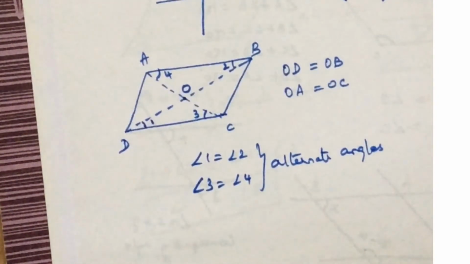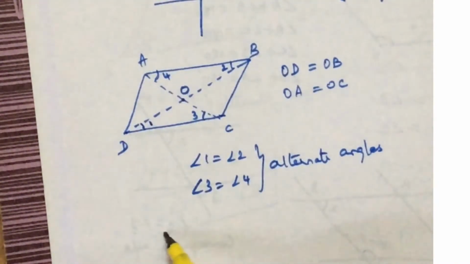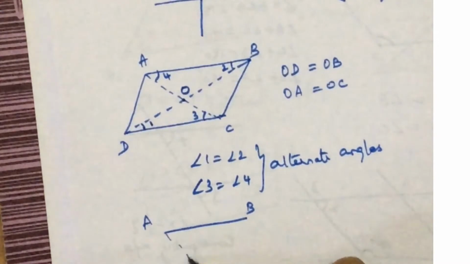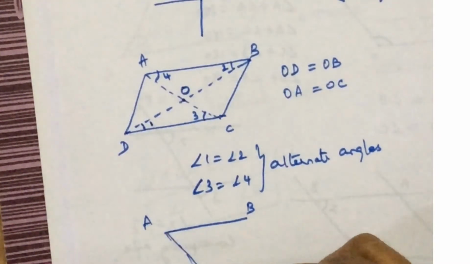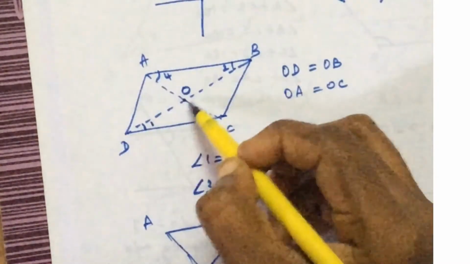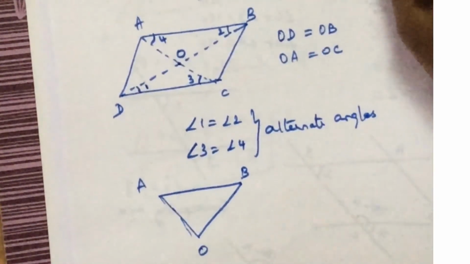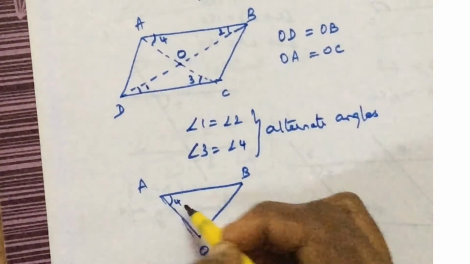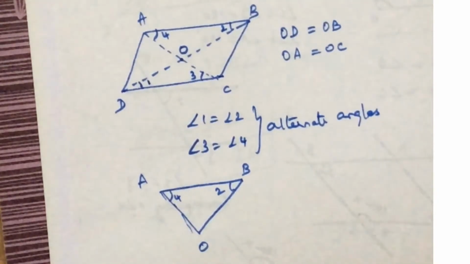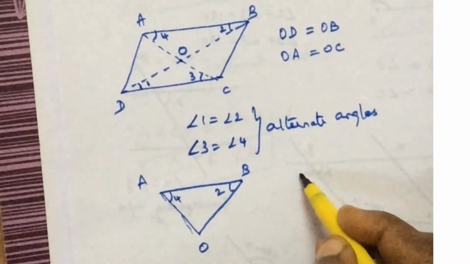Now I am going to take this triangle alone. What is that? A, B and O. This top triangle ABO alone. So this is angle 4 and this is angle 2. One more triangle is here, ODC. Let me draw it here.